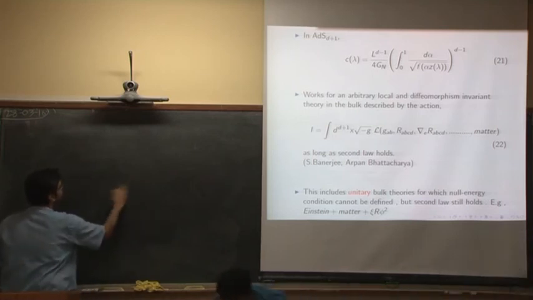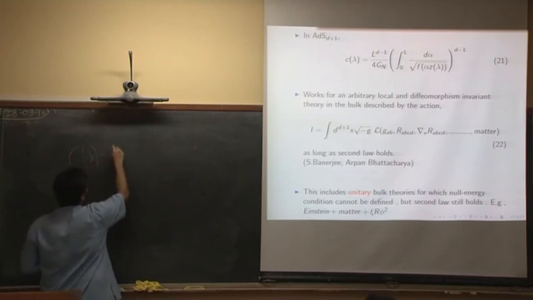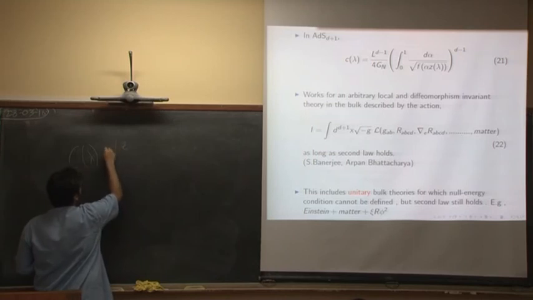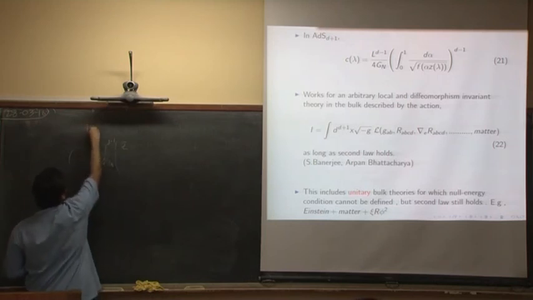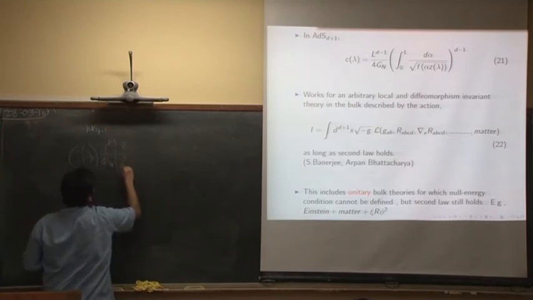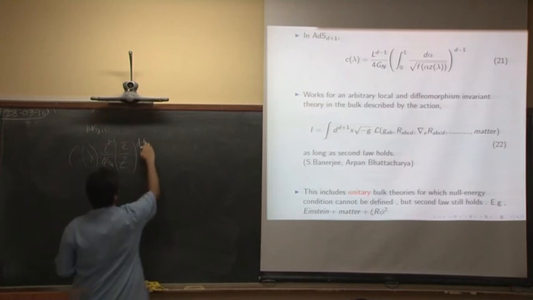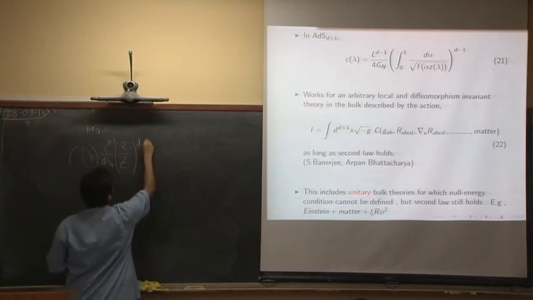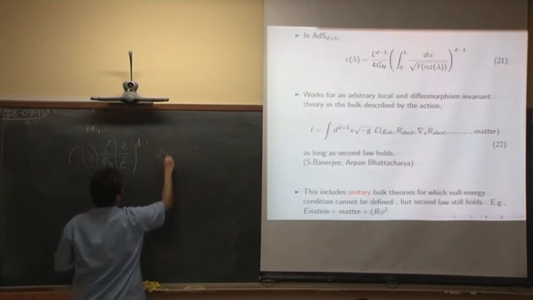Okay, so the C function is like this in D dimensions. There are some powers of L. So I have L to the power D minus 1 by 4 G Newton. So this is for AdS D plus 1. And then Z bar over Z to the power D minus 1. And then I have the S of lambda.